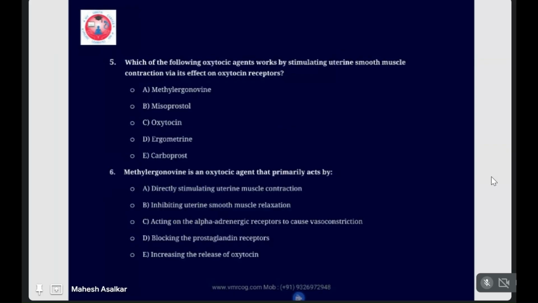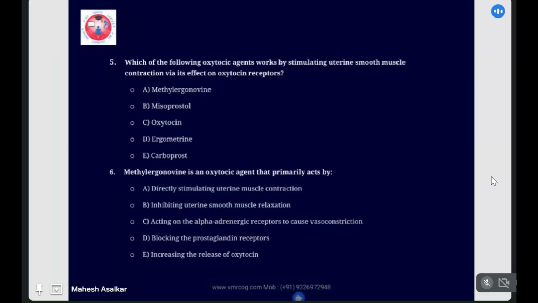Sixth question. Methylergonovine is an oxytocic agent that primarily acts by: directly stimulating uterine muscle contraction; inhibiting uterine smooth muscle relaxation; acting on alpha adrenergic receptors to cause vasoconstriction; blocking the prostaglandin receptor; increasing the release of oxytocin.